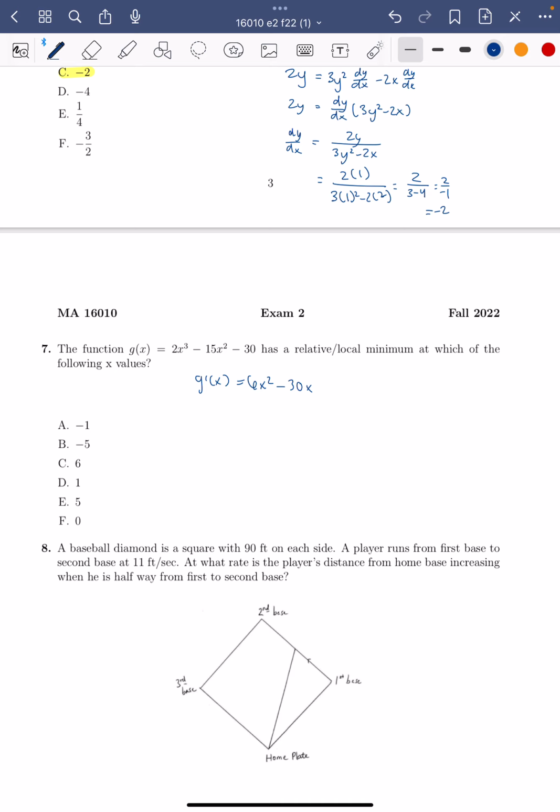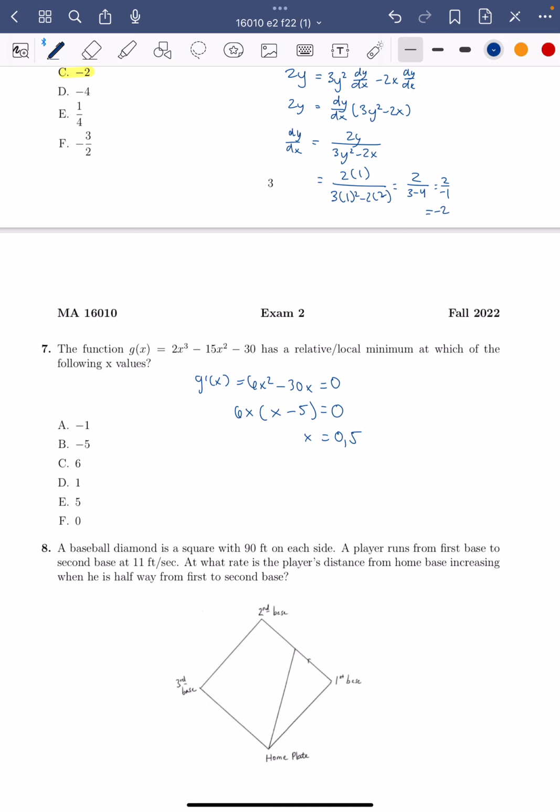So we want to set this equal to 0 to find our critical numbers, and if we take out a 6x, we would get 6x times (x minus 5) equals 0. If we solve that, we would get that x equals 0 and 5.